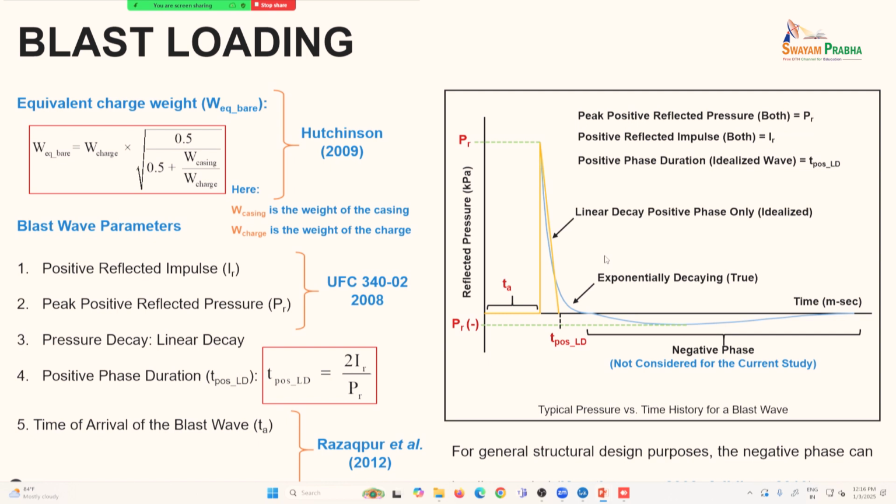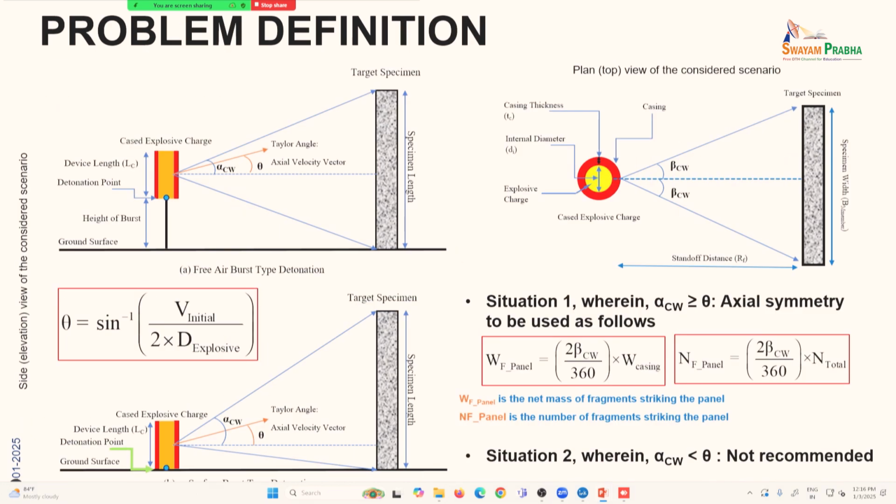So, luckily for you, UFC does have some equations. This is for blast loading. I won't spend time on that. You have done a lot of work on this over the last 10 days. But in terms of cased explosives, it matters where the detonation is, how high it is from the ground surface, where the detonation point is. That also makes a difference. The geometry of the device makes a difference.